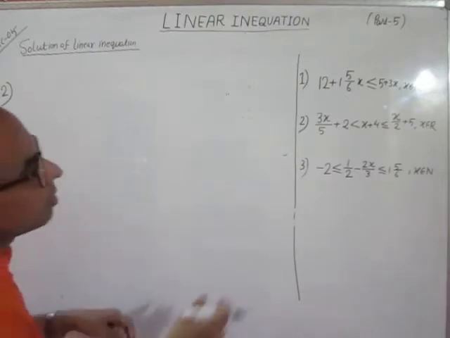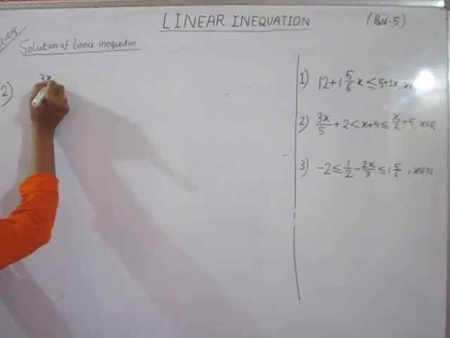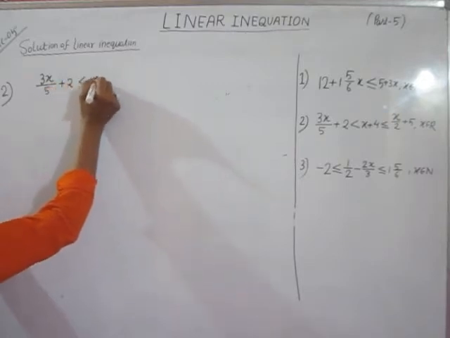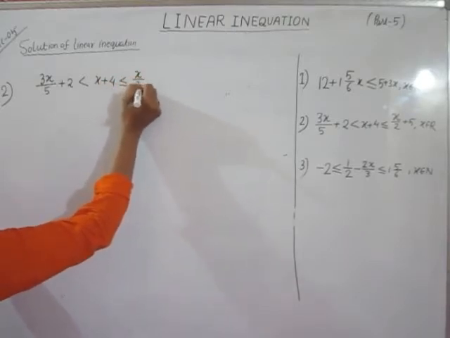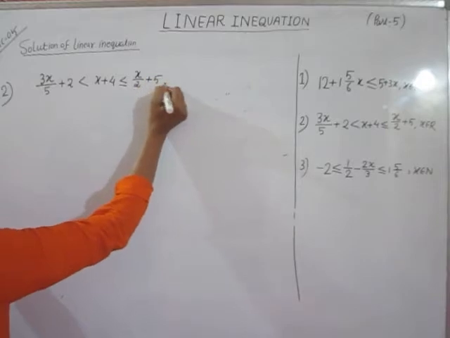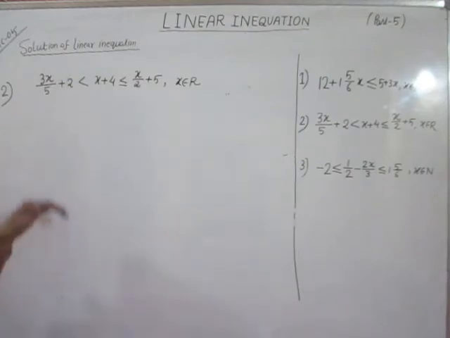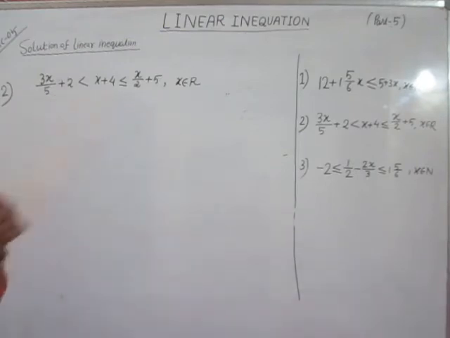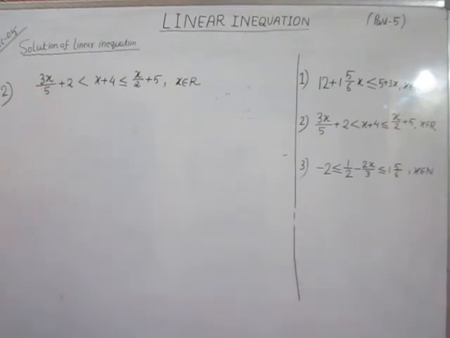Now we have to solve this inequation: 3x/5 + 2 < x + 4 ≤ x/2 + 5, and the replacement set is x belongs to the set of real numbers. Now the question is, solve this inequation, write the solution set and represent the solution set on the number line. This is a question from ICSE 2020.